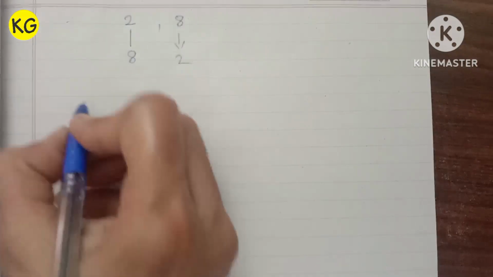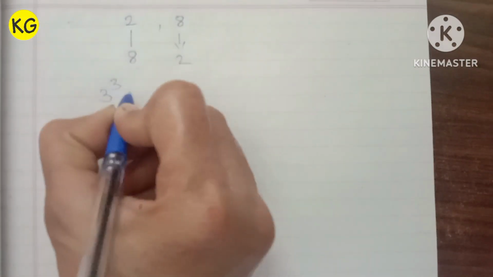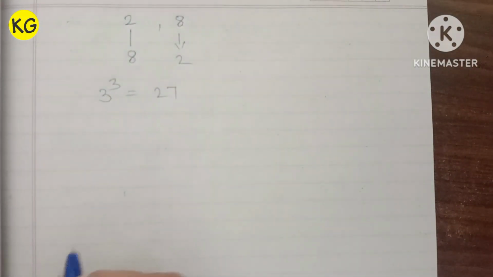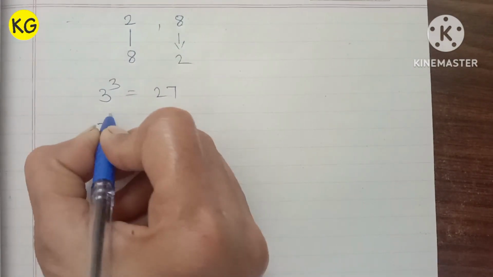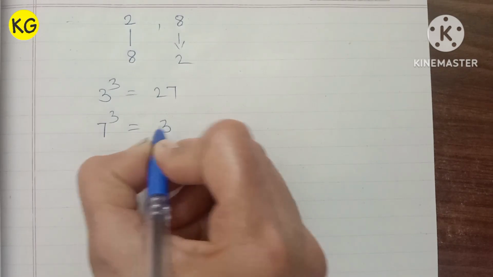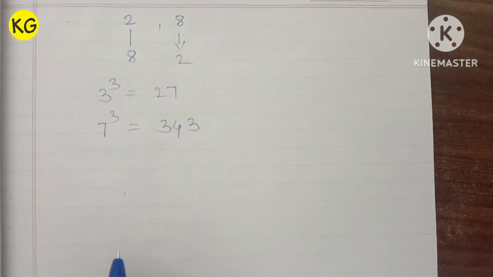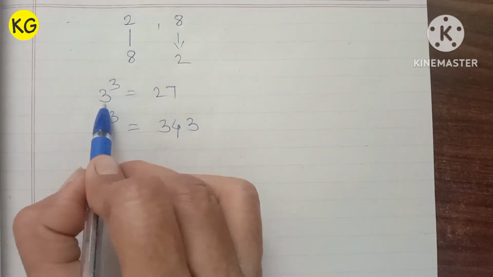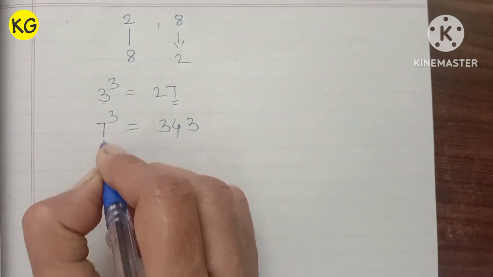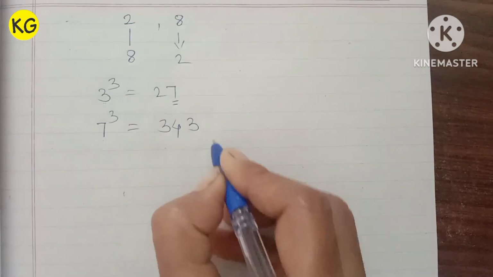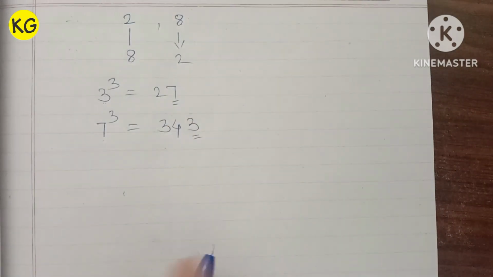In the same manner, the cube of 3 is 27 and the cube of 7 is 343. Means in the cube of 3, 7 comes at the ones place, and in the cube of 7, 3 comes at the ones place.